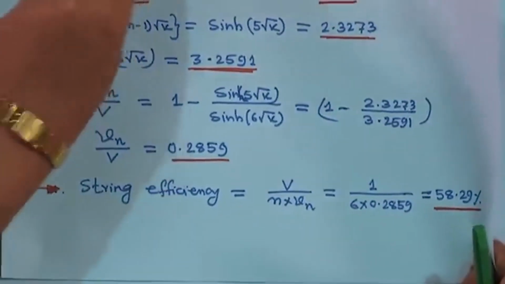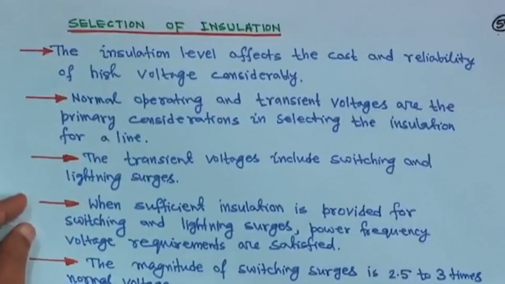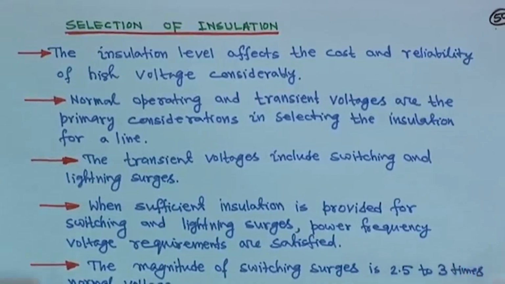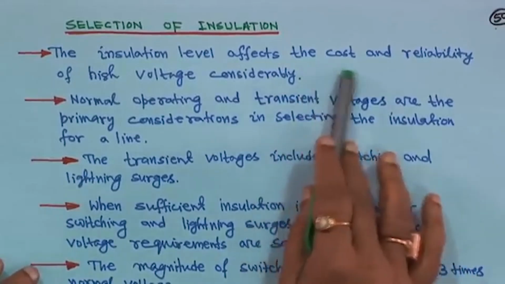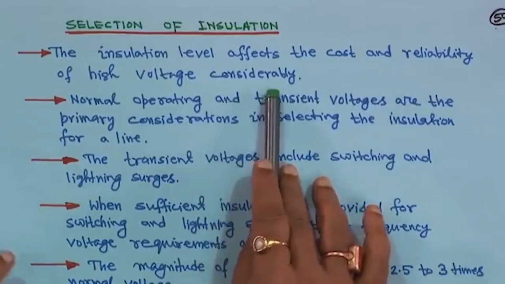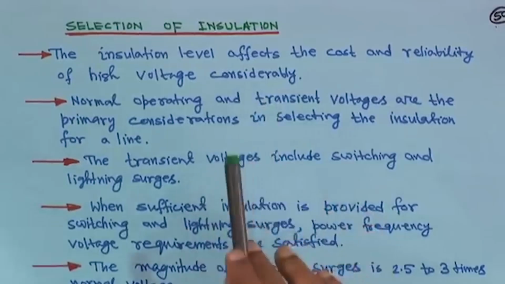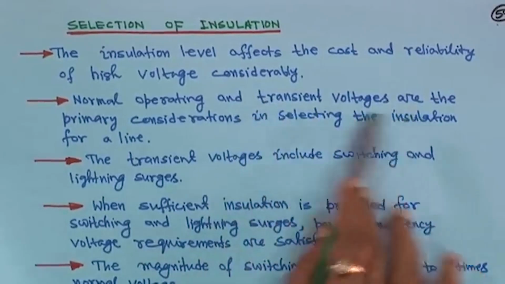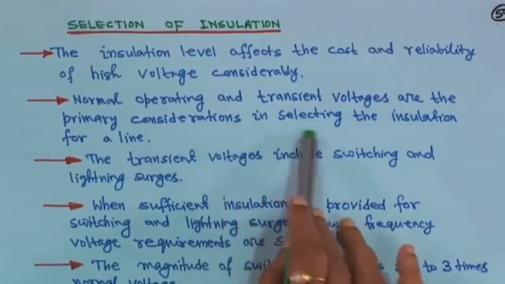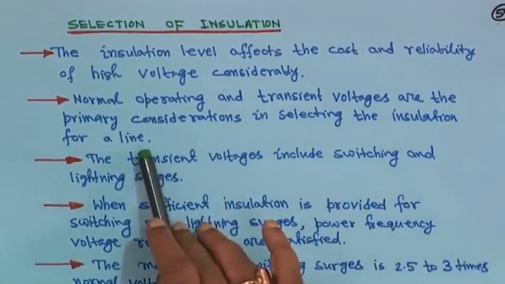So, next we will come to the selection of insulation. Basically, the insulation level affects the cost and reliability of high voltage lines considerably. Normal operating and transient voltages are the primary consideration in selecting the insulation for a line.